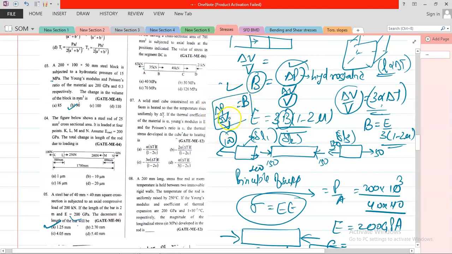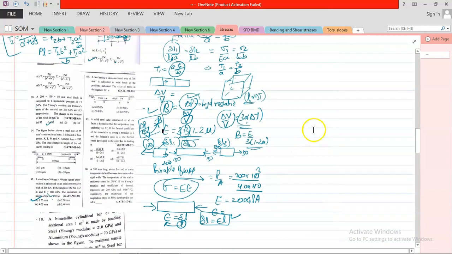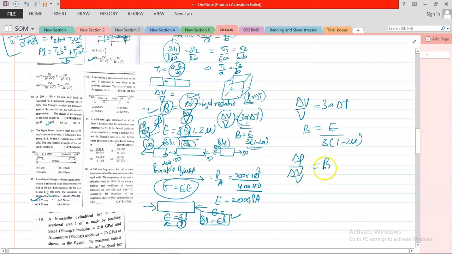So you put that equation, you multiply with it. Let me write somewhere else. Delta V by V, you know, is 3 alpha delta T. Your B is E by 3(1 minus 2 mu). So the value of your stress is delta P, with delta P by delta V by V being your bulk modulus.